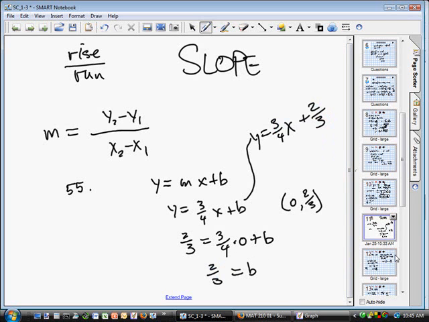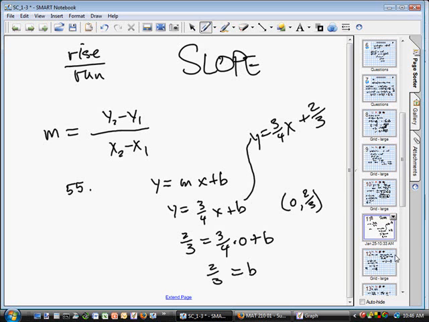Isn't your b always going to be the y? Or not? Well, only when the x-coordinate is 0. When it's 0, though, yeah, because isn't this the definition of a y-intercept? Isn't a y-intercept a point that has 0 for its x-coordinate? Right. So yeah, you're right.